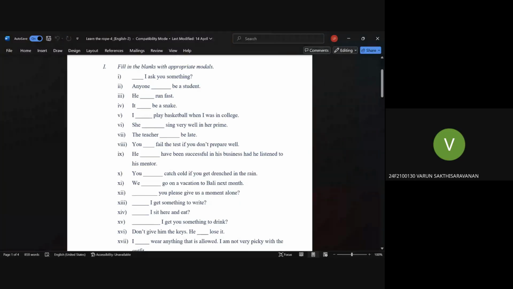Will and would in this one? Will can come. Yes, you will fail the test if you don't prepare well. So it can function as a light warning, right? If it is a warning or a threat, then you can use will as a modal verb. So you will fail the test if you don't prepare well is also fine. Can? The context doesn't let you use that.